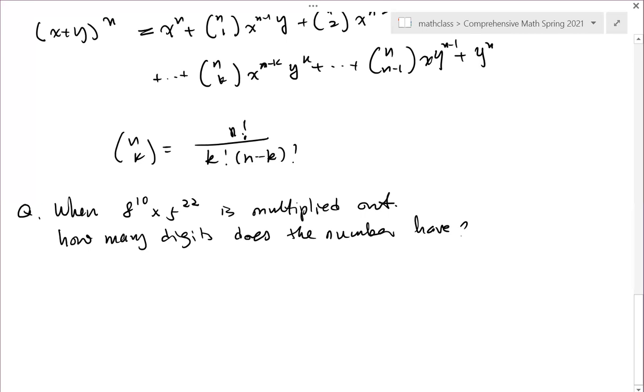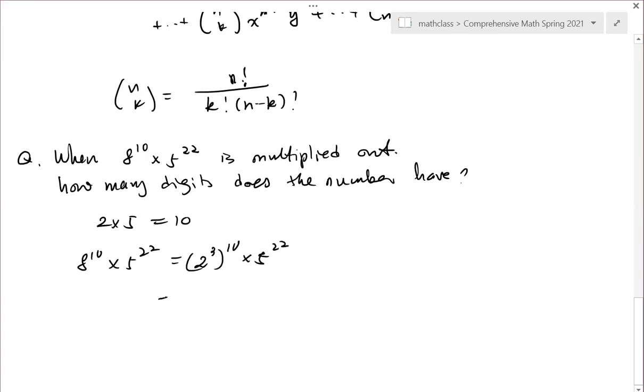So first of all, you notice that 2 times 5 is going to be 10. It's easy to handle 10, right? Okay, so 8 to the power 10, 8 is 2 cubed. So you will get 2 to the 30 times 5 to the 22.